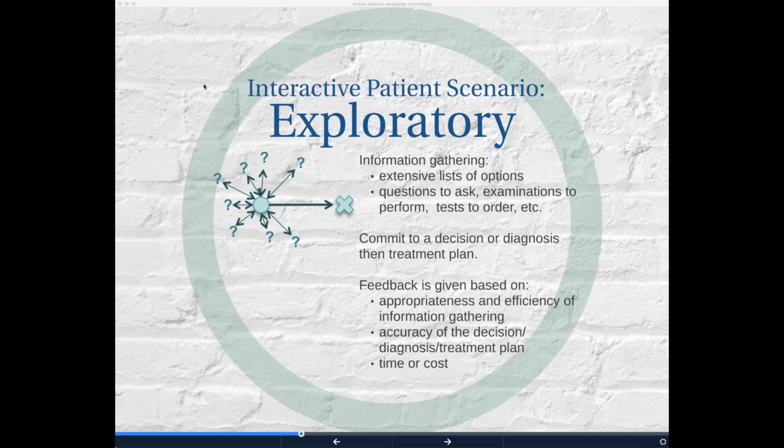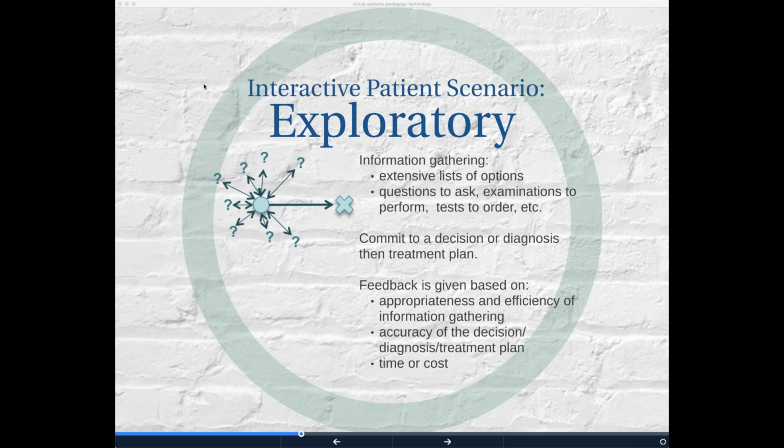And also efficiency. In a case like this, you could theoretically just ask every question that the system will let you ask and do every exam that it'll let you do and order every test. But that's hugely inefficient and not at all reflective of what we would do in real life. So often the feedback includes some kind of scoring around the efficiency of that information gathering.